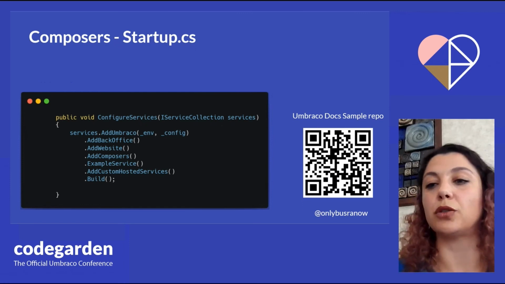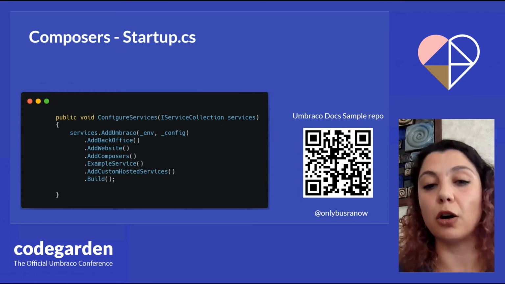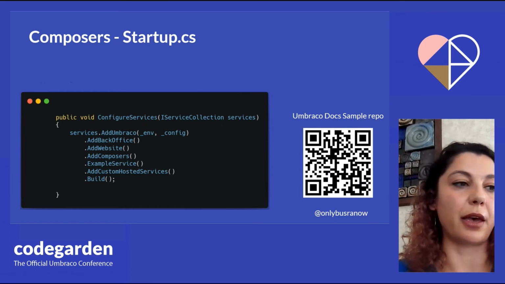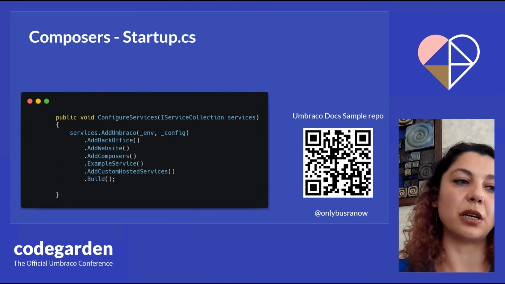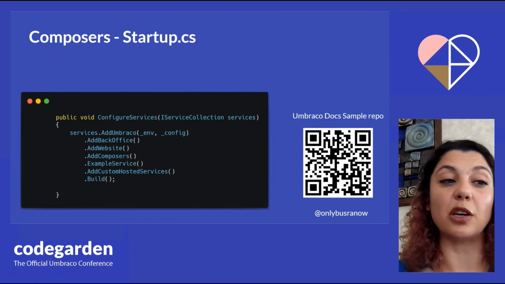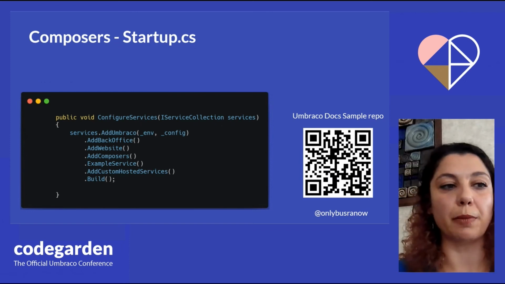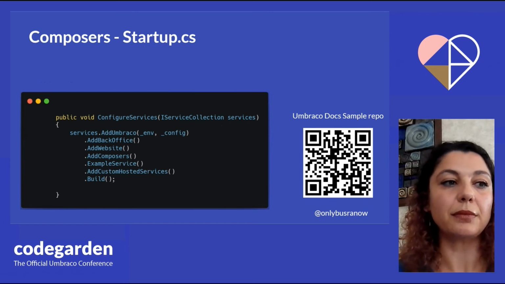Go and check the Umbraco docs sample repo because we have loads of code samples on how to do stuff there. And the advice is to use IComposer dependency injection if you are creating a plugin or a package or a custom property editor for your project.